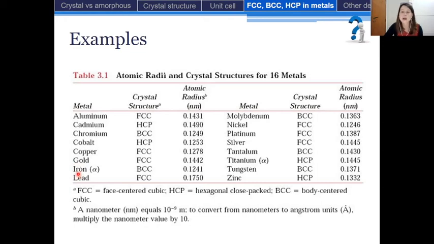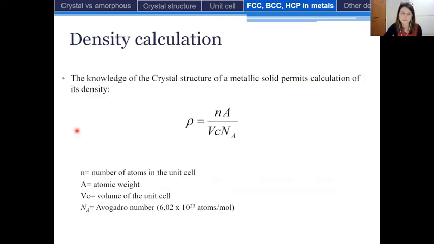Okay, so you can see the relationship, or at least the crystal structure in which each metal crystallizes. And so we have an idea, as we said, of the density of the metals. So to calculate the density, in fact, we should use this equation.